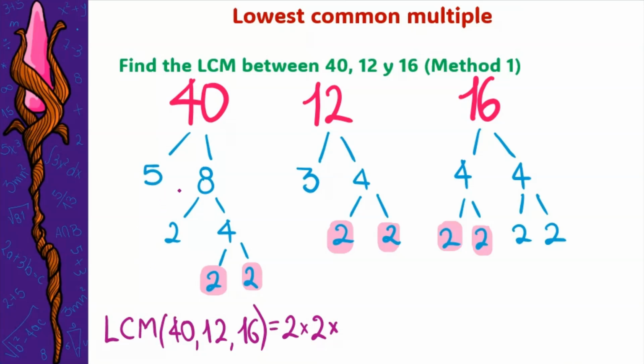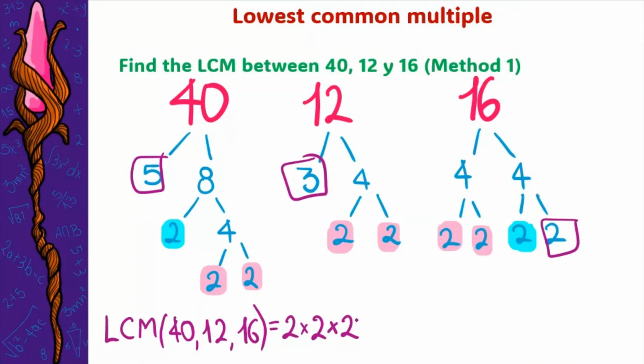But then we need to include everything else. We need to check the ones that repeat in just two of them. For example, this one. The 2 is present in more than one number. So we still write it just once. And then the ones that are alone. So times 5, times 3, and times 2.